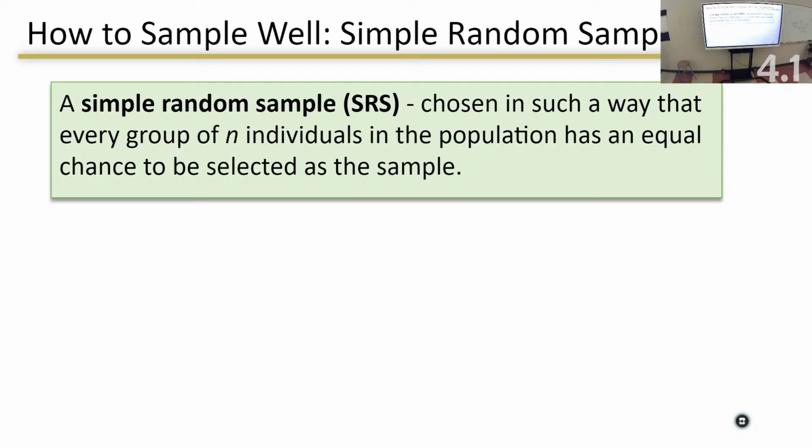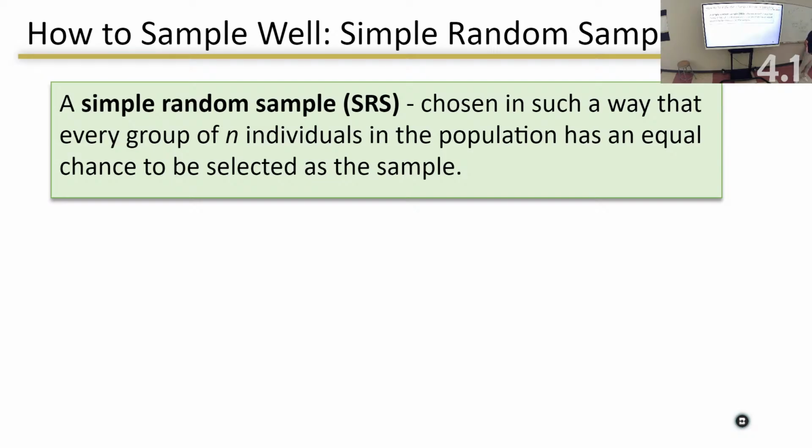There's 3 ways you're going to do an SRS. I'm probably going to say 2 ways. I call one of them the hat method. No matter what method you use, somehow you have to get numbers with the people, or you have to individualize the people somehow. Number the trees 1 through 40. Number the students 1 through 20.